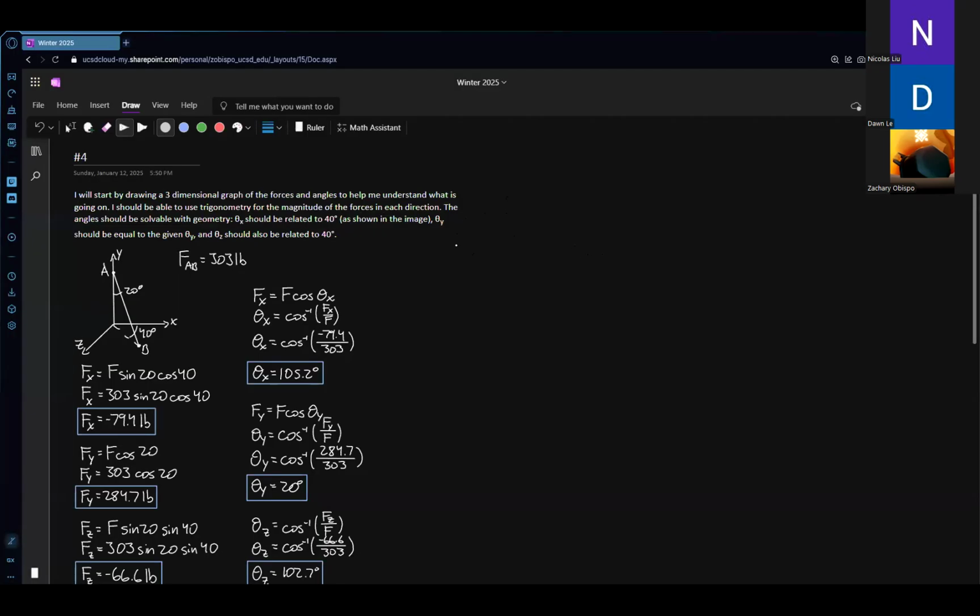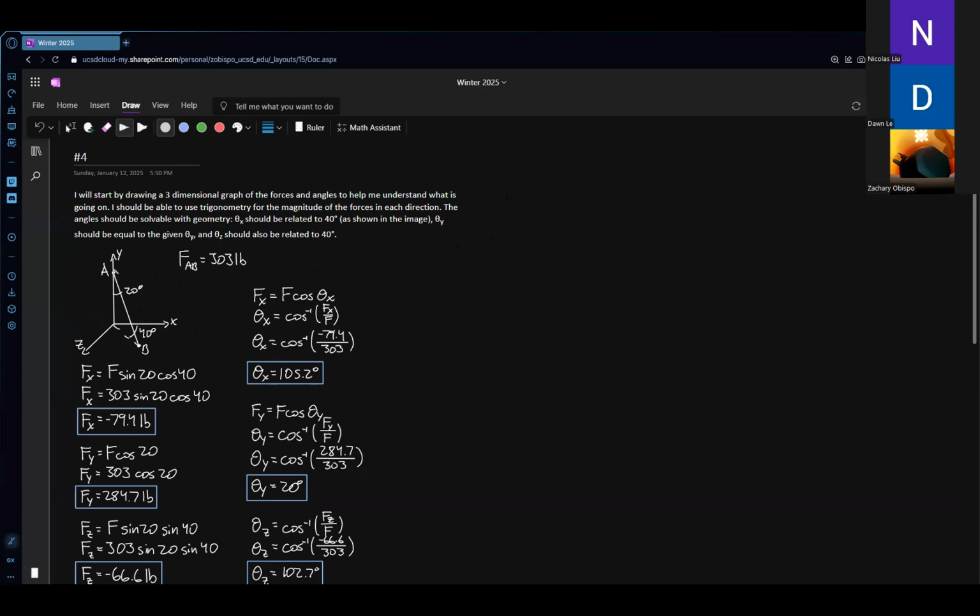Okay, I'm going to go ahead with number 4. This diagram describes the system as a 3D version of a free body diagram of the whole system.